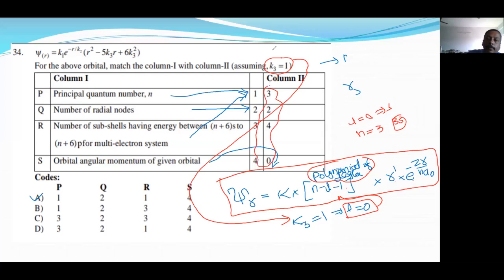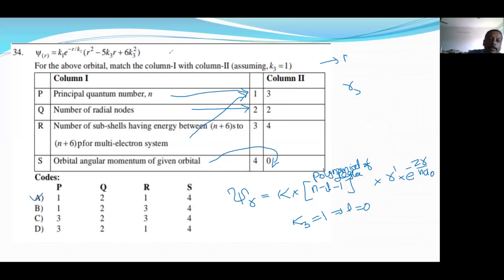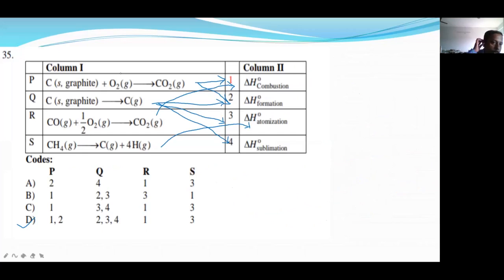Okay. Now let's go to the next one. See here, very easy question, but if you understand it concept wise, okay. Here graphite is converting into CO2. Graphite is the elementary form of carbon. Both reactants are in elementary state and forming CO2.